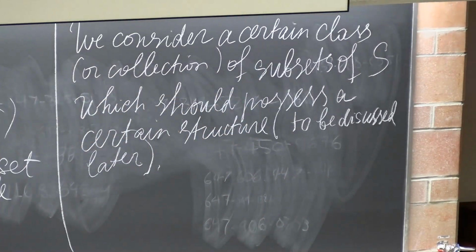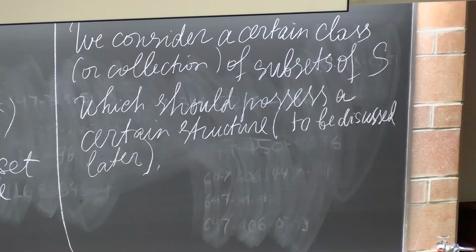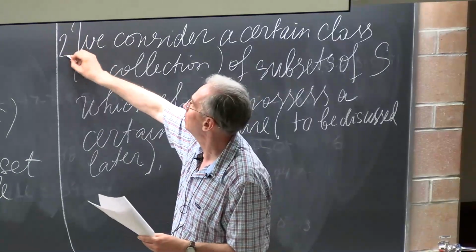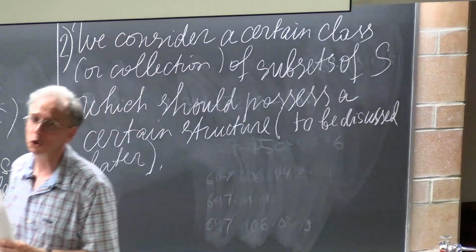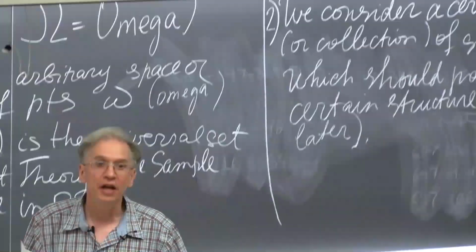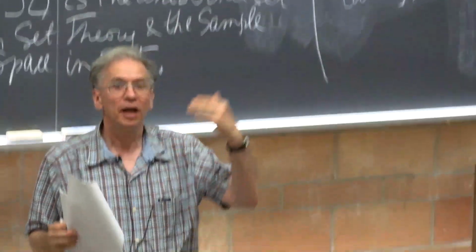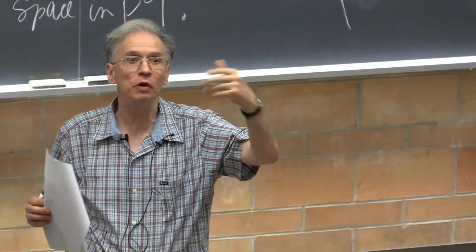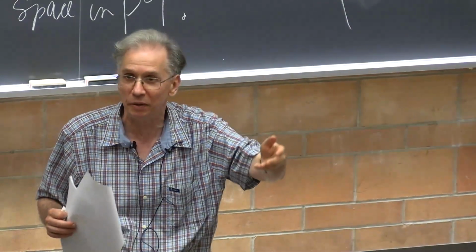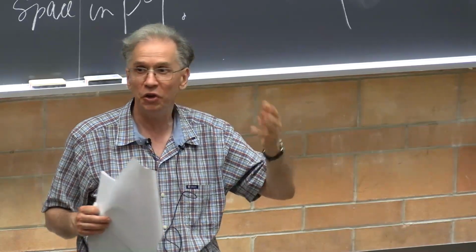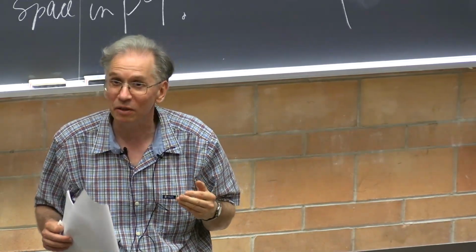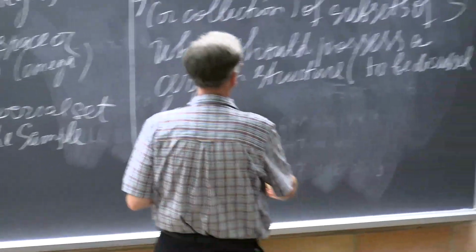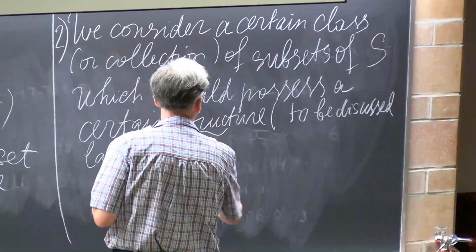So the first thing is we need to define the sample space. The second thing is we should identify a particular collection or class of subsets of our universal set, the sample space. In probability theory, they are called events. This will be denoted by script F.